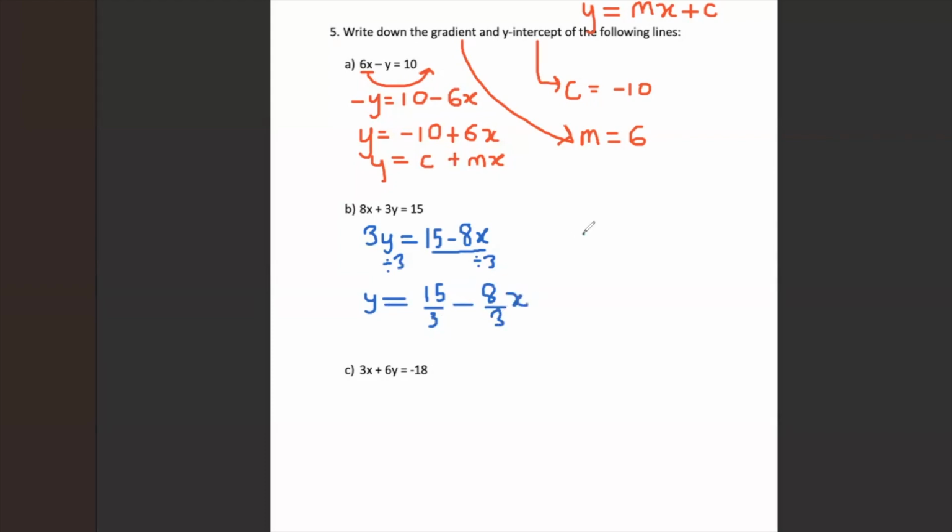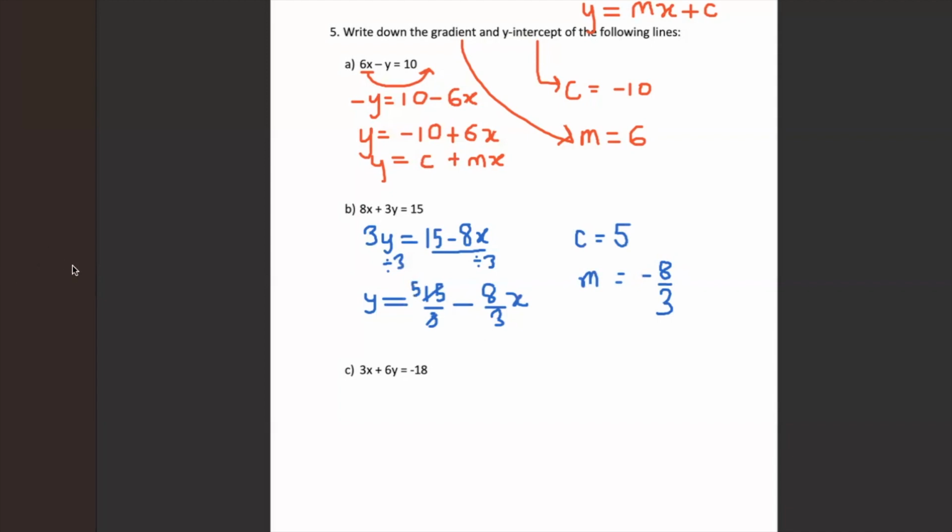So c is 15 divided by 3, which is a 5, and m is minus 8 over 3. So I'll just write 5 here.